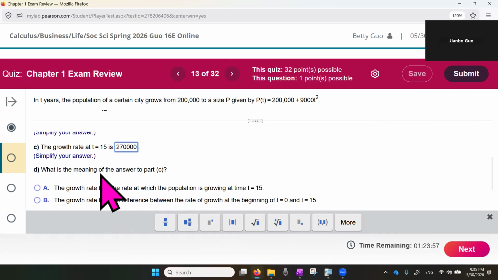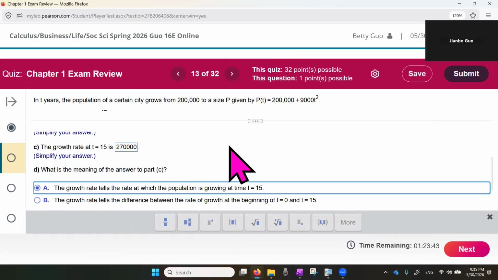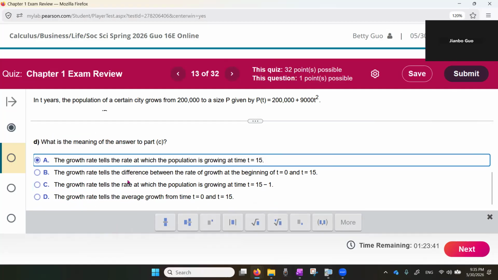Part D. What is the meaning of the answer to part C? The growth rate tells the rate at which the population is growing at time t equals 15. That seems right. Let's also look at the other choices. The growth rate tells the difference, but no, it's not that. The growth rate tells the rate at time 14?